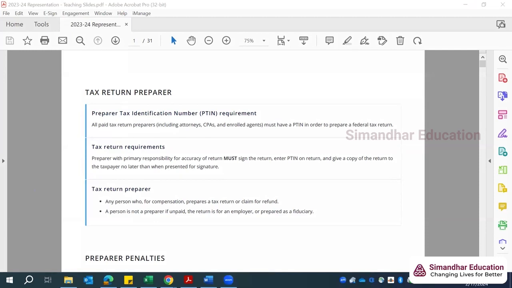So today we will discuss the return preparers, and we will discuss the positions and disclosures. Tomorrow we will do preparer penalties, statute of limitation, and if we have time, the e-filing process.